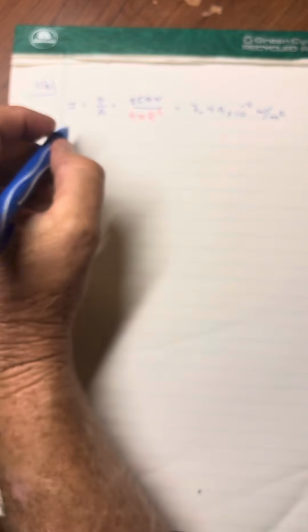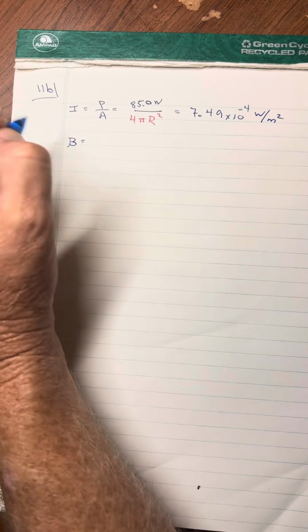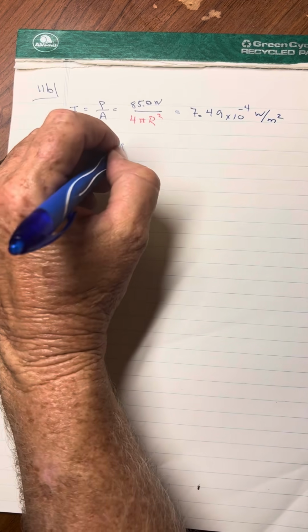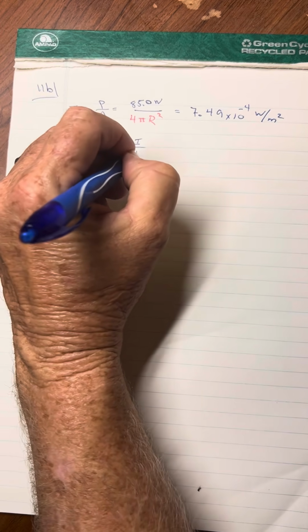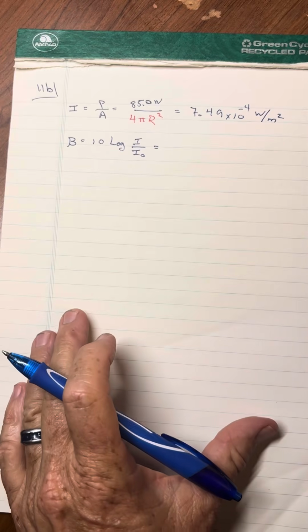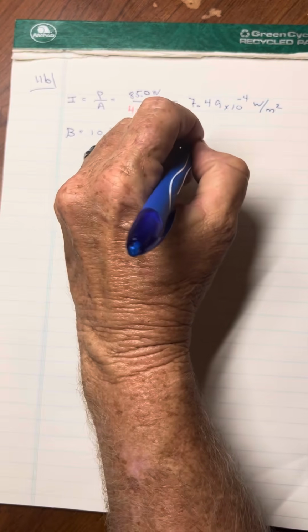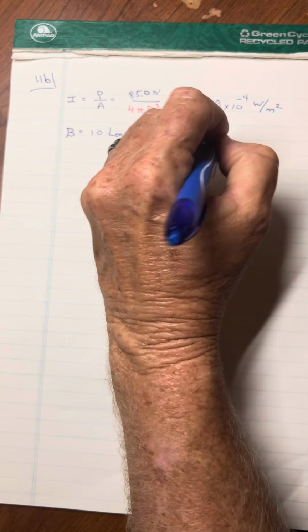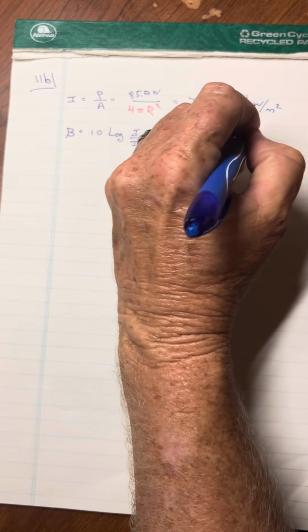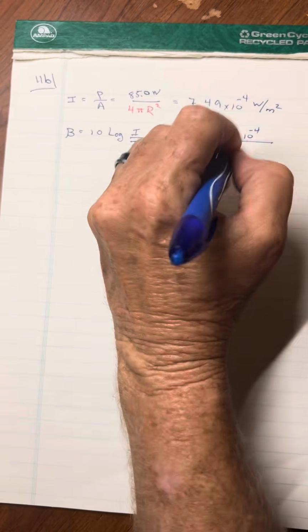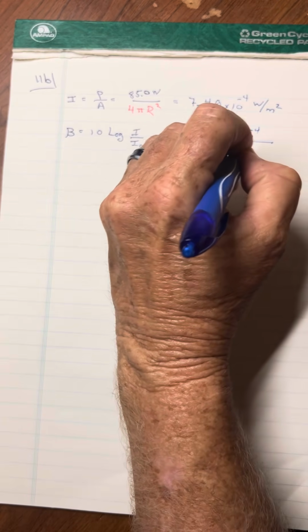Now, we're not quite done because we need to do the intensity level, which we did one like this a moment ago on the multiple choice solutions, where the intensity goes here, and in the denominator is the threshold of hearing.